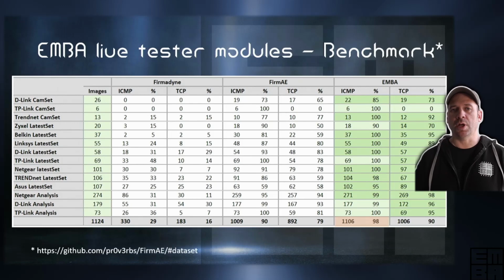And the ICMP rate we increased to 98%. And also the rate where we were able to communicate with some network service, we increased it to 90%. And with a 90% success rate, I think now it's time to include such mechanisms into an automated firmware analyzer.